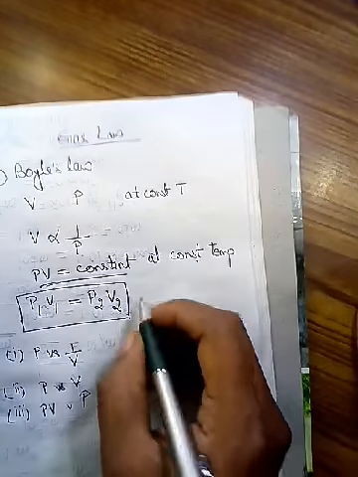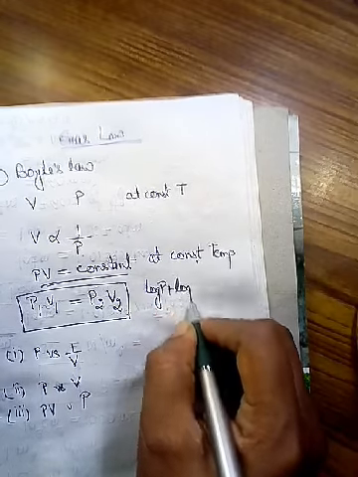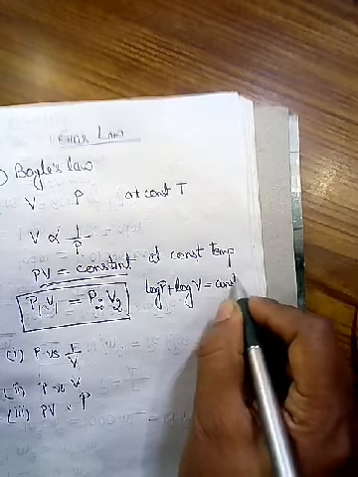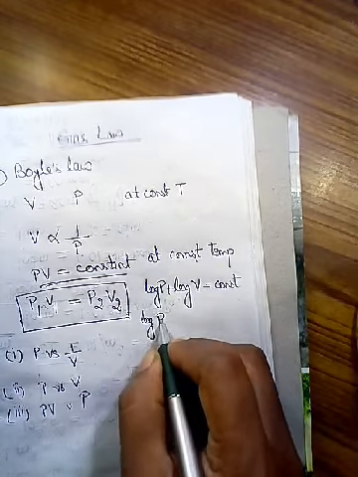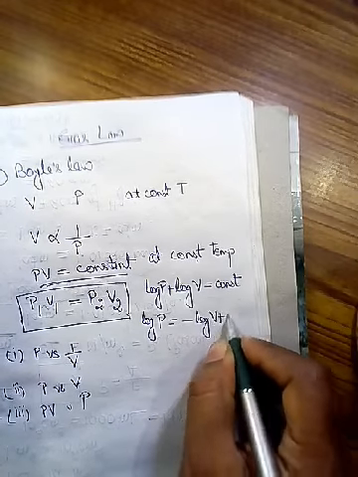Taking log both sides, we can write log P plus log V is equal to constant, or log P equal to minus log V plus constant.